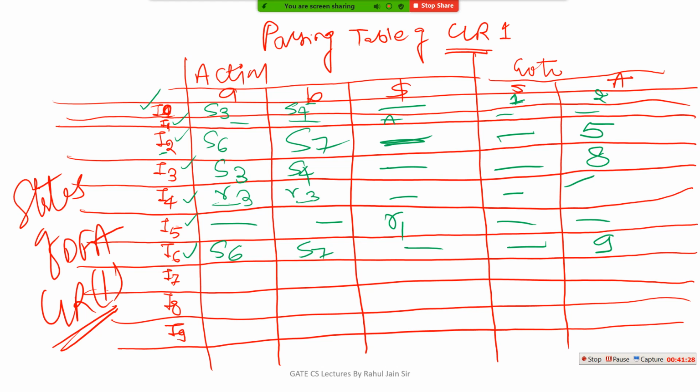Please comment so that I can fill the remaining entries of I7, I8 and I9. Good, guys, you are getting the concepts. I am asking one by one because if you are not getting the concepts now, it would get difficult for you to understand the later steps.